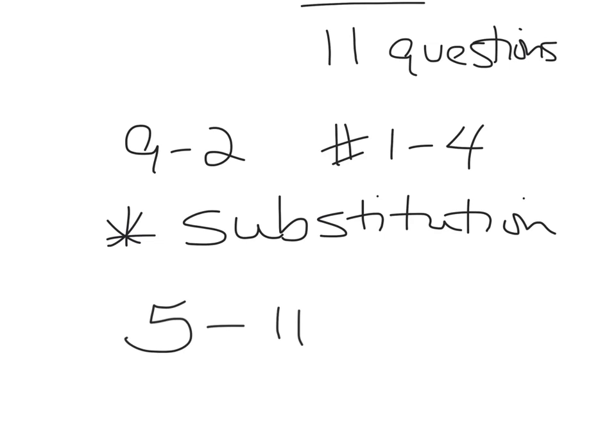So again, you'll make either the x term or the y term have the same numbers but opposite signs, and then you will add them. If you are subtracting the equations, just remember you need to subtract all 3 terms. So from 9.2, if you've done the homework, those are what the questions look like.